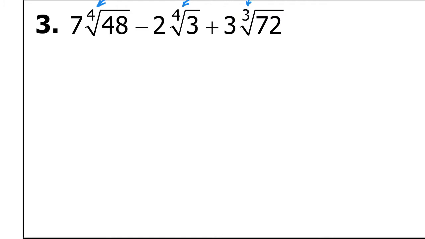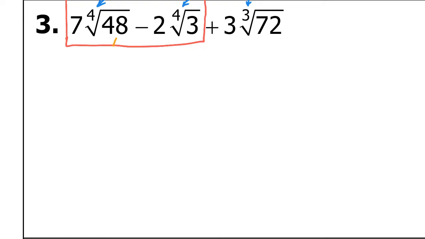And since I know that I cannot mix these if my indexes are different, I can tell at the beginning that because my first 2 terms share the same index, there is only one possibility that they can go together. The only way that they can really be added or subtracted is if they not only have the same index, but when we simplify, they have the same radicand.